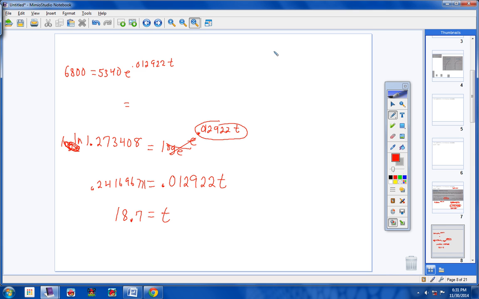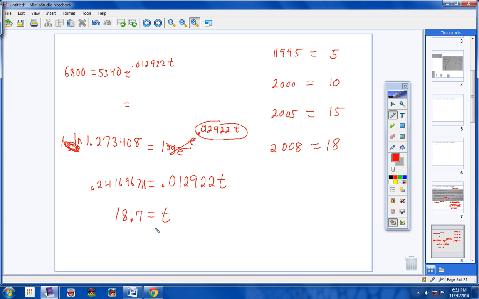Okay, so remember, 1995 went with what year? 5. So that means the year 2000 would go with what number? 10. So the year 2005 would go with what number? 15. So add 3, we have 18. The year 2008 would go with number 18.